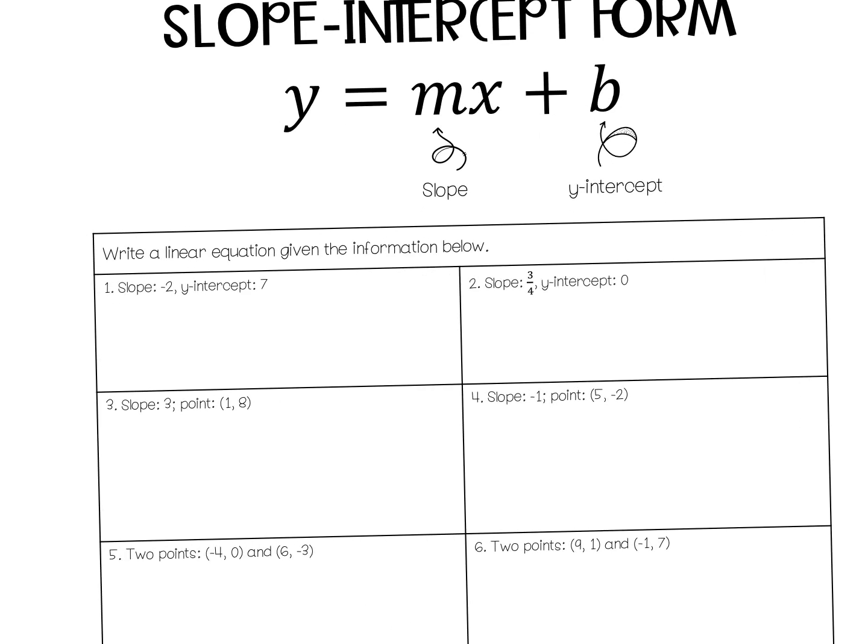Slope is -2, y-intercept is 7, y equal to mx plus b, so y equal to -2x plus 7. Number 2: y equal to, slope is 3/4, so 3/4x plus 0, so we can leave it like this. When y-intercept is 0, it is also known as what? Direct variation, y equal to kx.